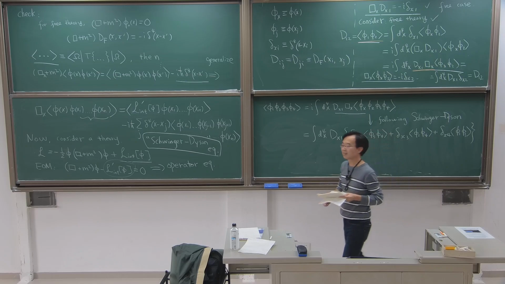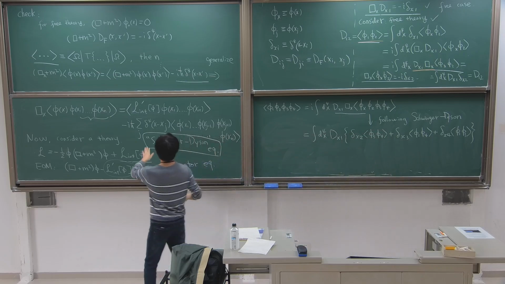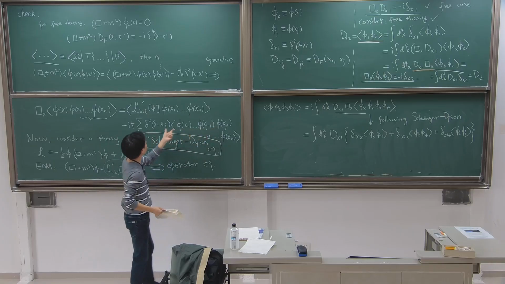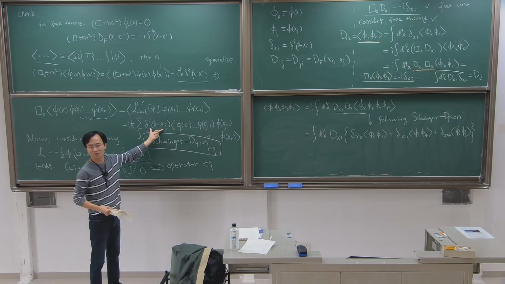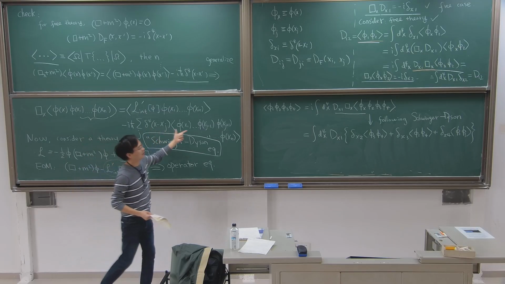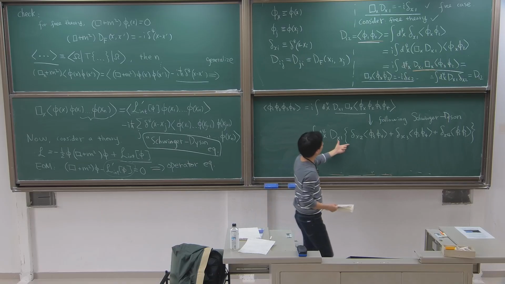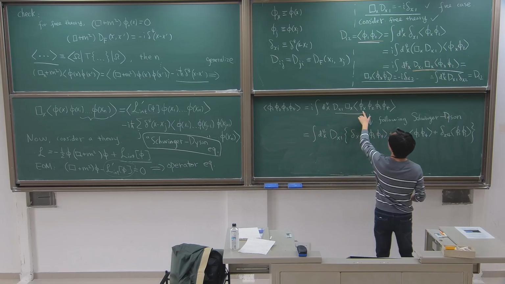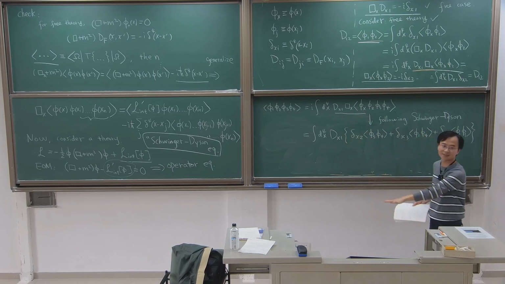Is that clear? This sum essentially says that whenever you erase a particular insertion, you have to pay the delta function in front. Because the box is on phi x, we don't care about phi x anymore.